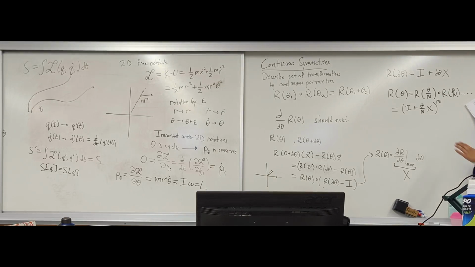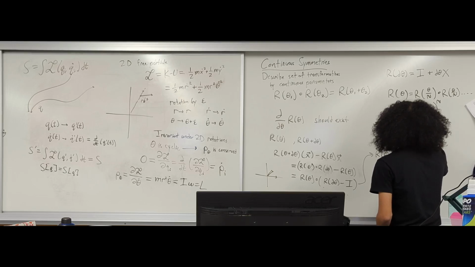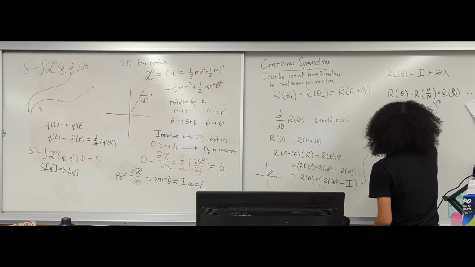What I mean by taking this to the nth power is that I'm composing it with itself n times. And then we can do this with the limit of n going to infinity.